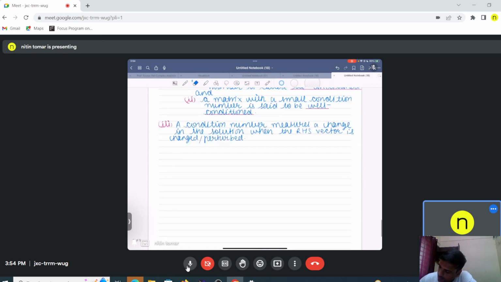So the higher the condition number is, the greater the relative error in the solution.